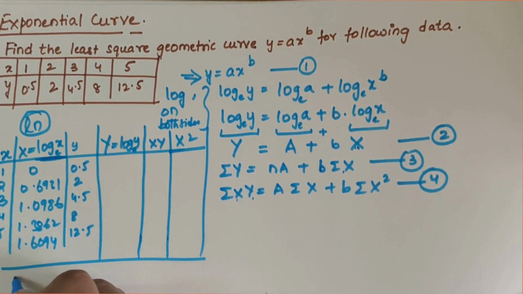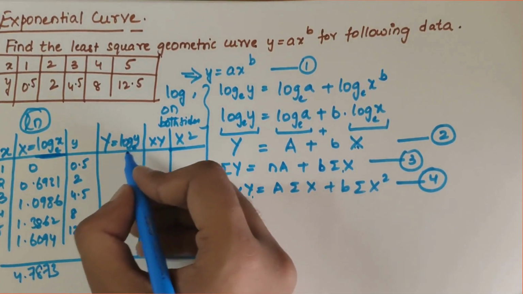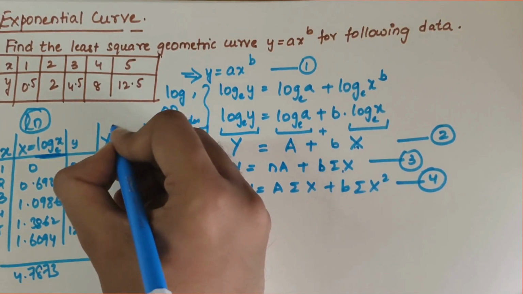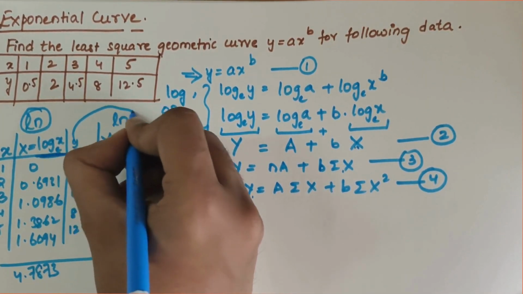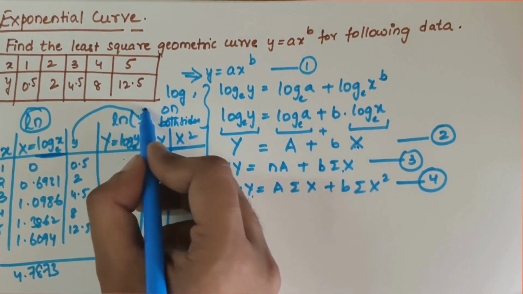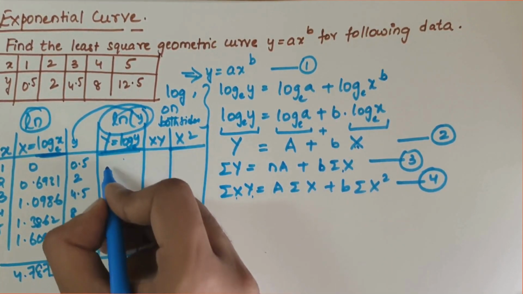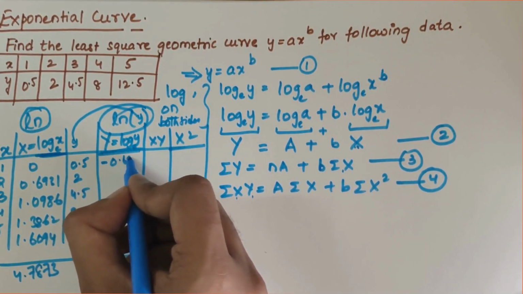Adding up all this, you get it as 4.7873.